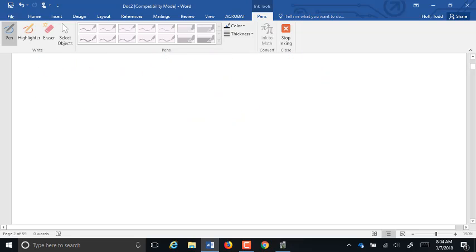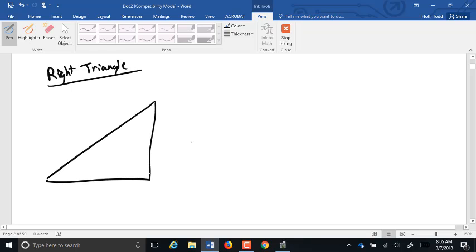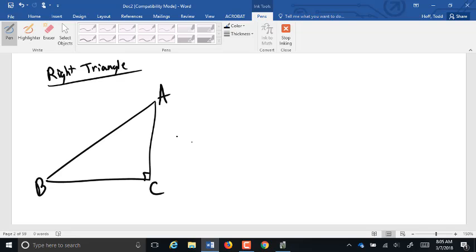Now, of course, we did relate those to the sides of a right triangle. So if this is my triangle, I'm going to label my angles A, B, and C. Now, the sides of a triangle get labeled according to the opposite angle.